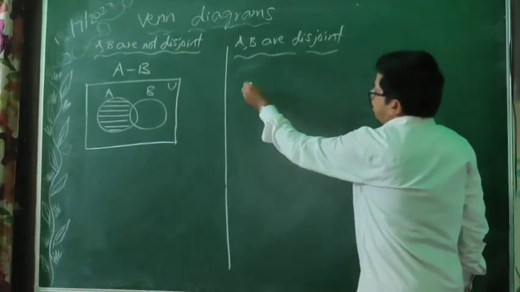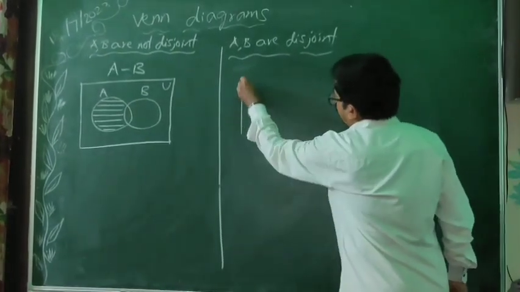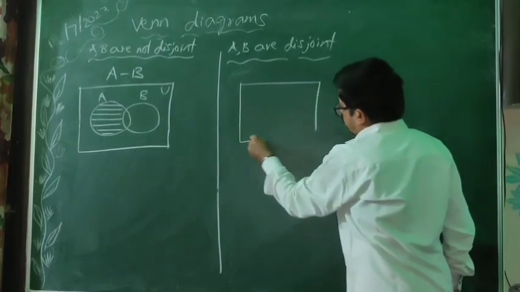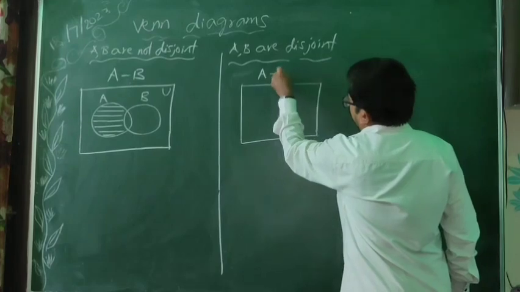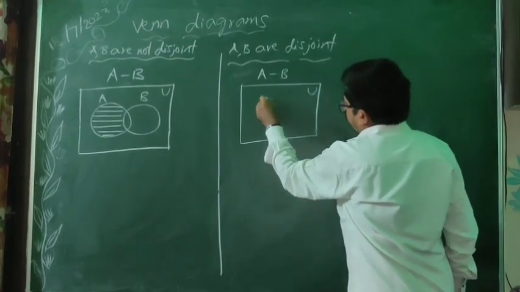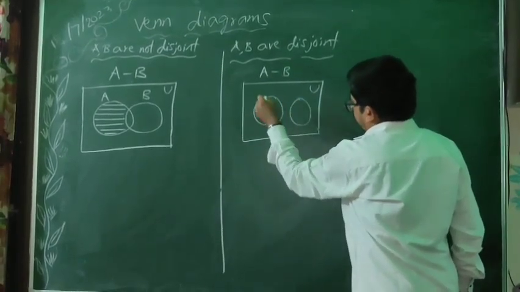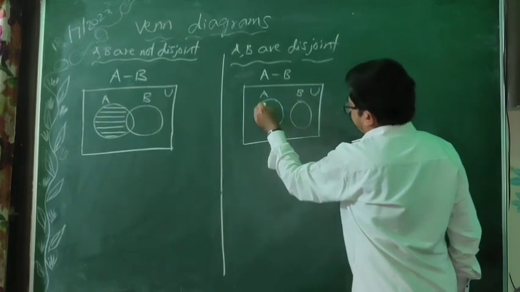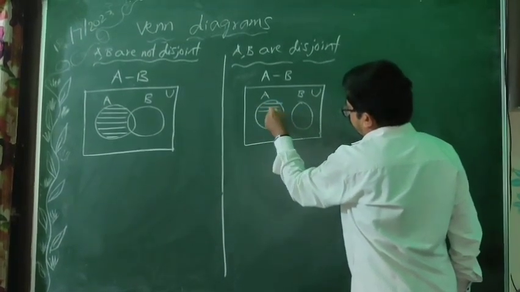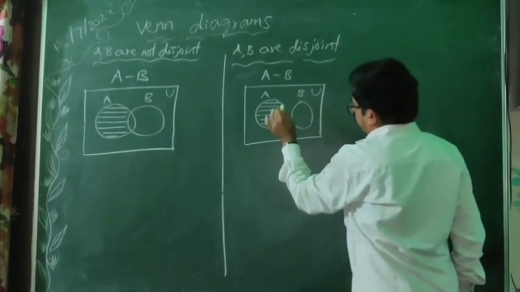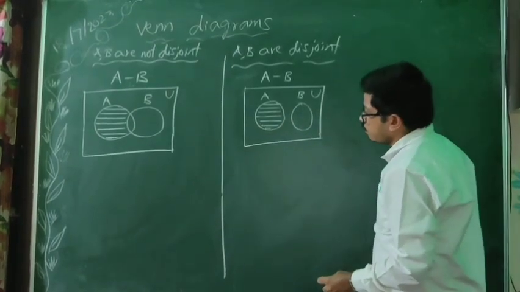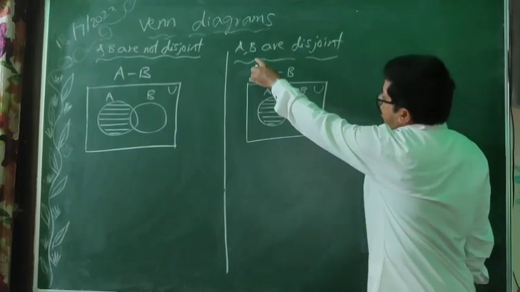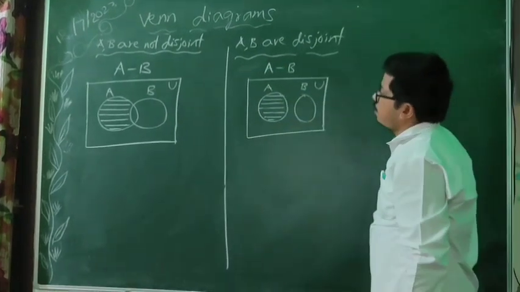If these are disjoint, these are disjoint. This shows A minus B equal to A itself for the disjoint sets.